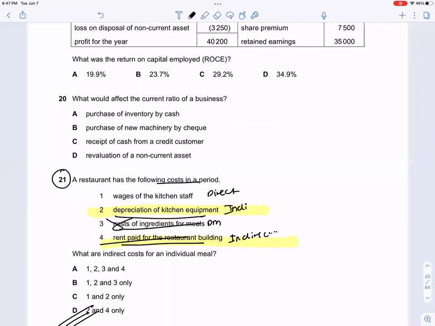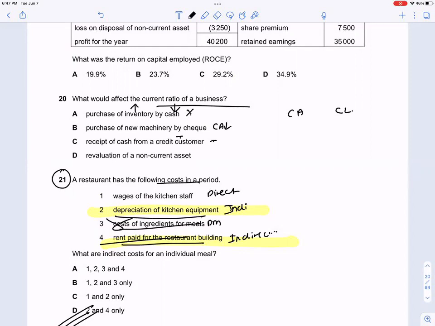What would affect the current ratio of a business? Current ratio relates to current assets and current liabilities. You purchase inventory by cash, inventory is increasing and cash is reducing. So no effect. Purchase new machinery by cheque, so current asset is reducing. Receipt of cash from credit customer.